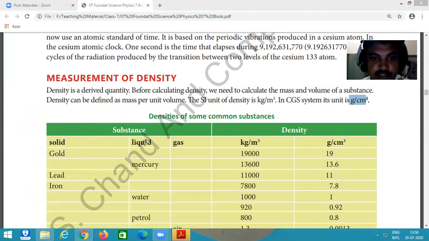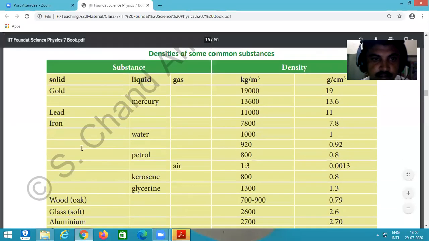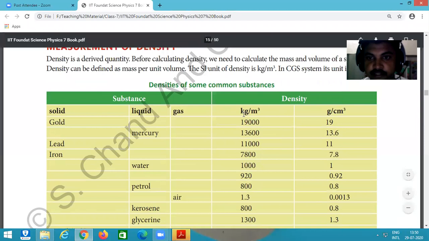Here in this table they give some examples of density: some solid substances, liquids, and gases, in both types of units, in the SI unit kilogram per meter cube, and in the CGS system gram per centimeter cube.